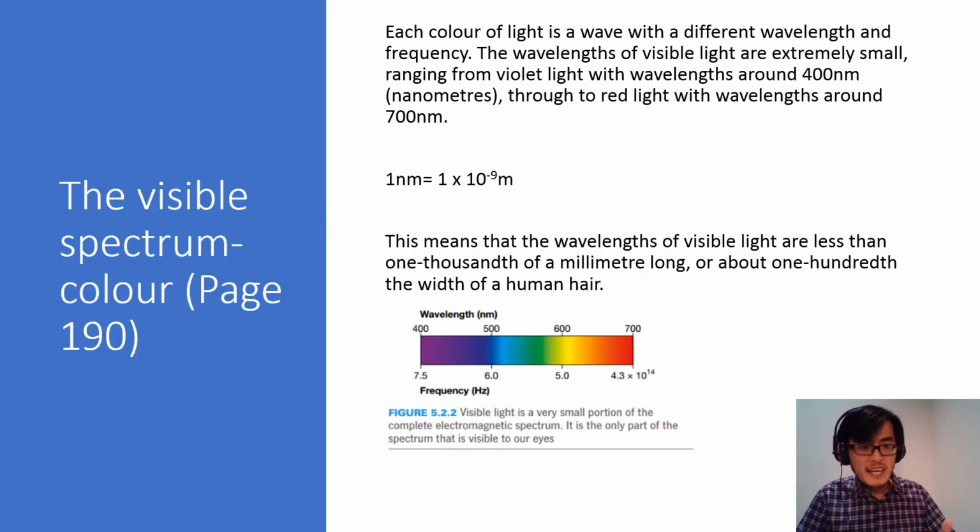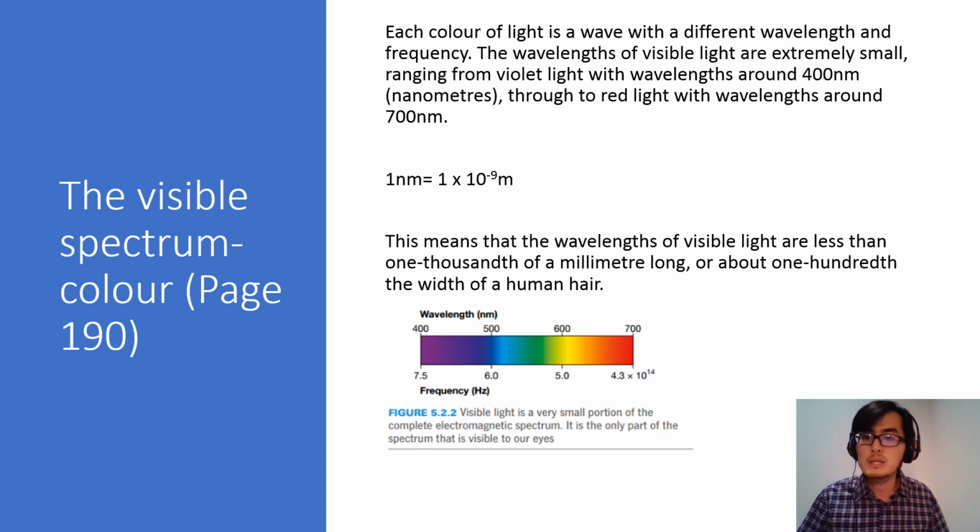Alright, so looking at this particular slide, we are looking at the visible spectrum. Visible spectrum means the spectrum that you can actually see. If you can look at a particular object and know the color of the object, you know that it is of the visible spectrum. It says here at the top, each color of light is a wave with a different wavelength and frequency.